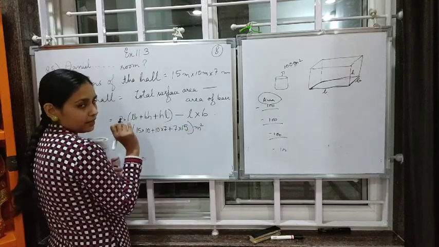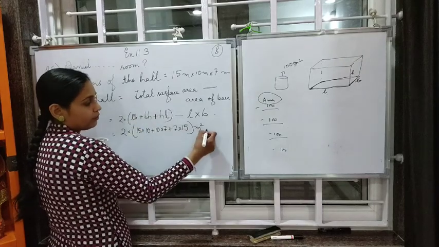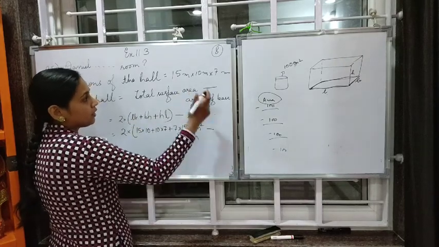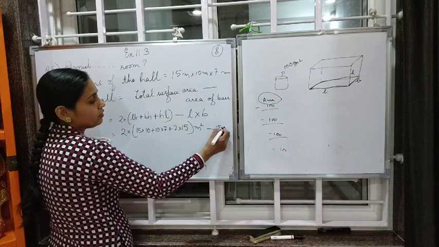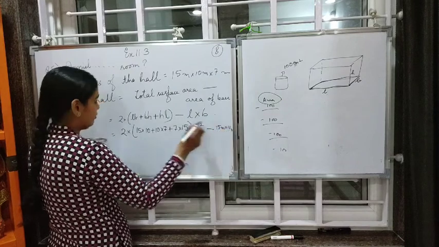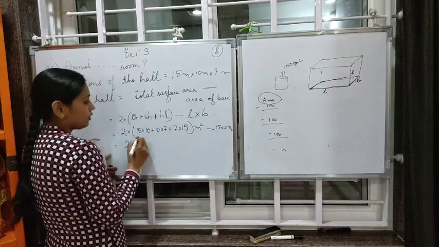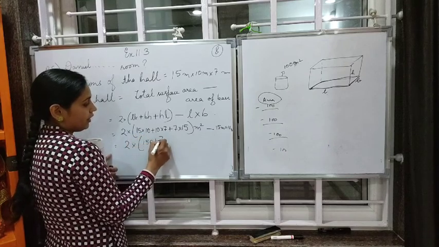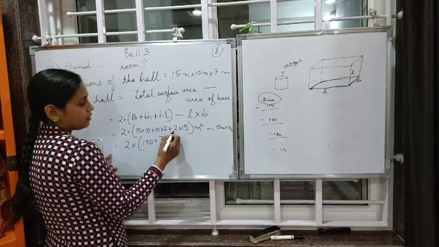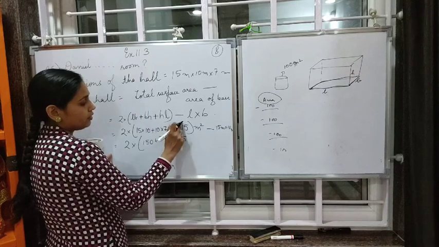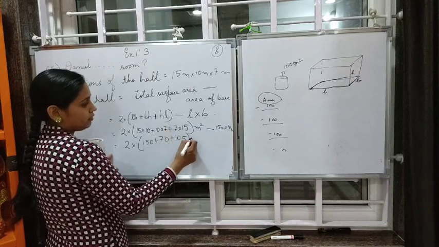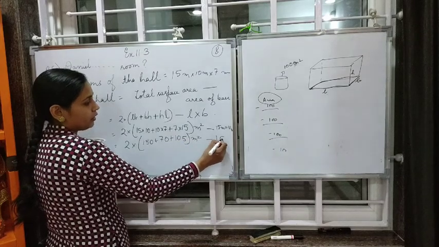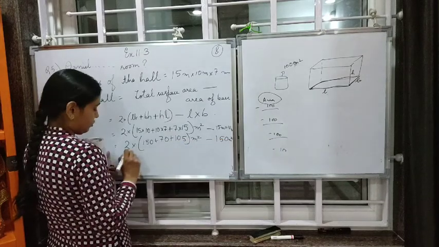So directly I am writing meter square minus length into breadth, that is 15 meter into 10 meter. 2 into, this is 150, 70, and this is 7 5s are 35, 105 meter square, minus 150 meter square.